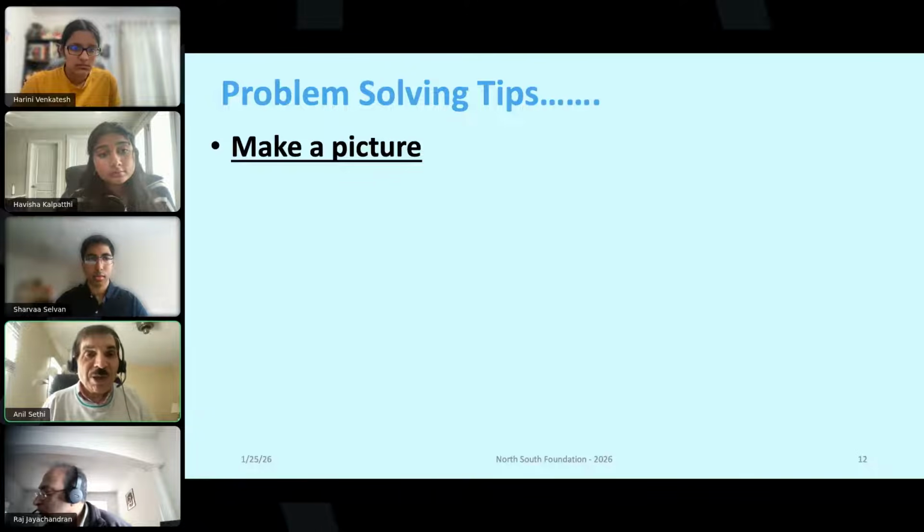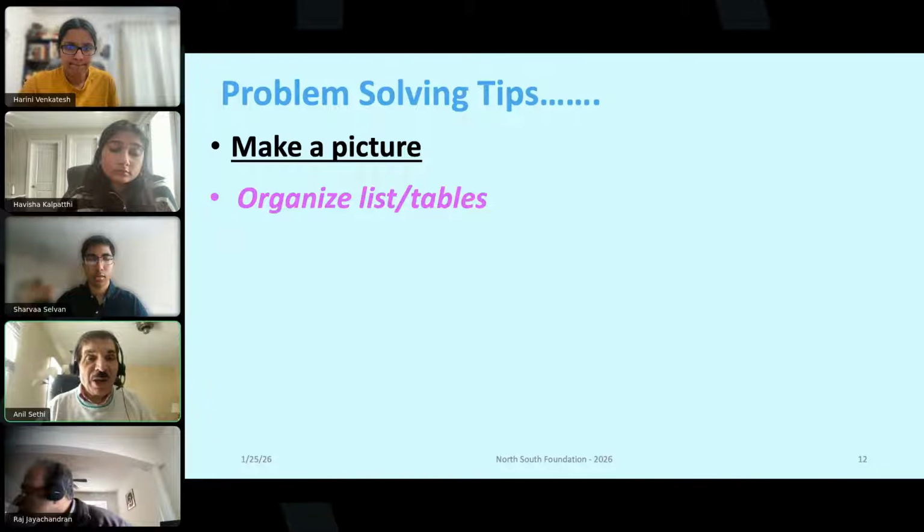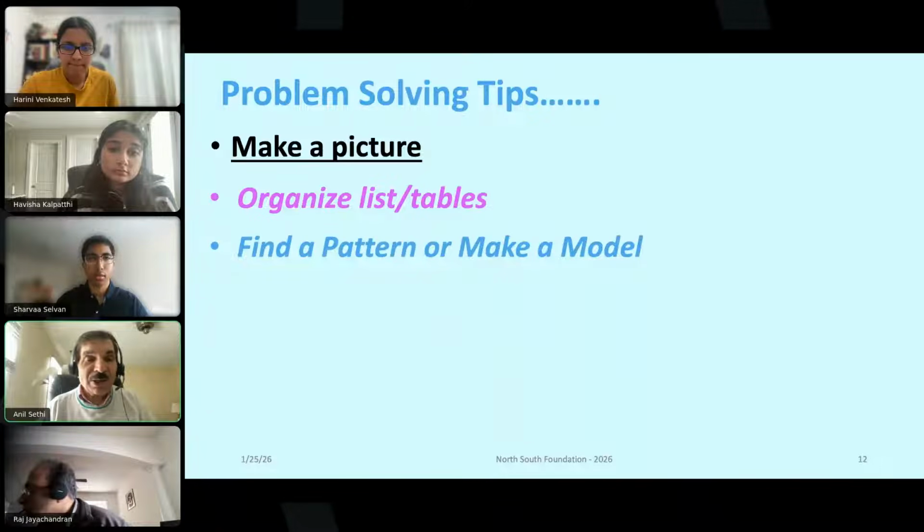Some of the other problem solving tips that our champions shared with you: always make a picture. That helps your mind calm down oftentimes, and also gives you a full picture of what's happening with the problem. Organize, find a pattern, or make a model. This is extremely helpful.